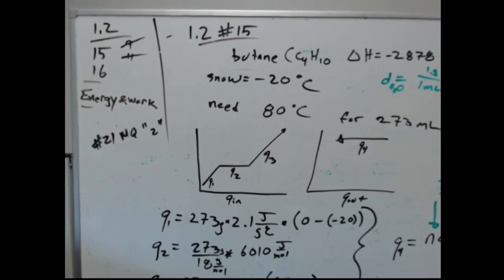Now that I'm looking at this with that 2878, it probably would have been easier to switch everything to kilojoules, because I'm going to have a bunch of extra zeros. But it'll be fine either way, as long as I pay attention to my units.